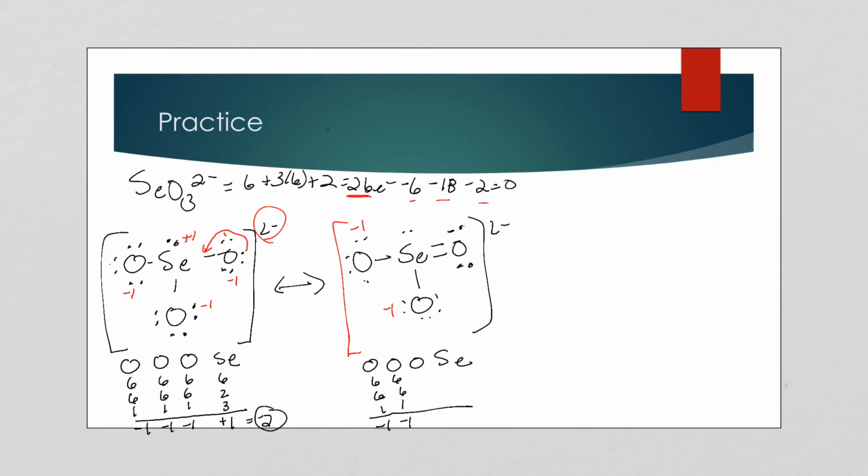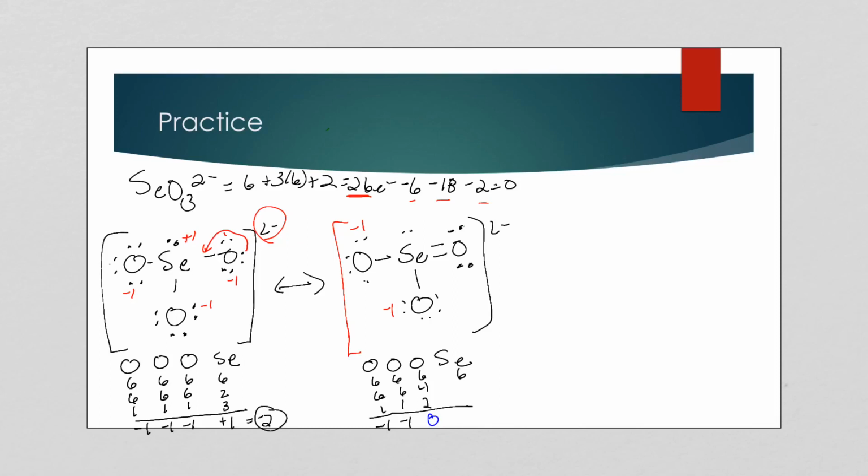Now let's look at how the oxygen and selenium that have changed look. They still start off with 6, but now this oxygen has only 4 non-bonding, and it's sharing 4 electrons, so half of that would be 2. So 6 minus 4 minus 2. This now has a formal charge of 0.